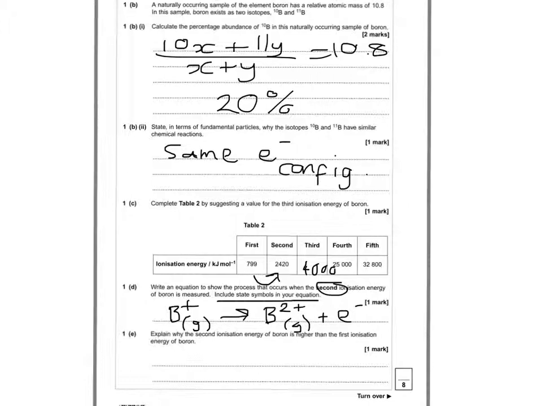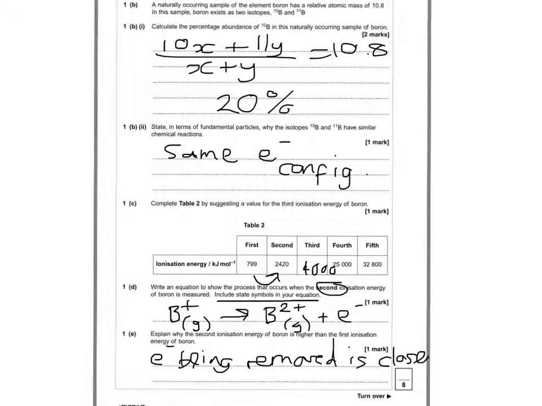Part E, explain why the second ionisation energy of boron is higher than the first. A couple of things you can put here. The idea that the electron being removed is now closer to the nucleus, or it's being removed from a positive ion. So I would just say that the electron being removed is now closer to the nucleus.